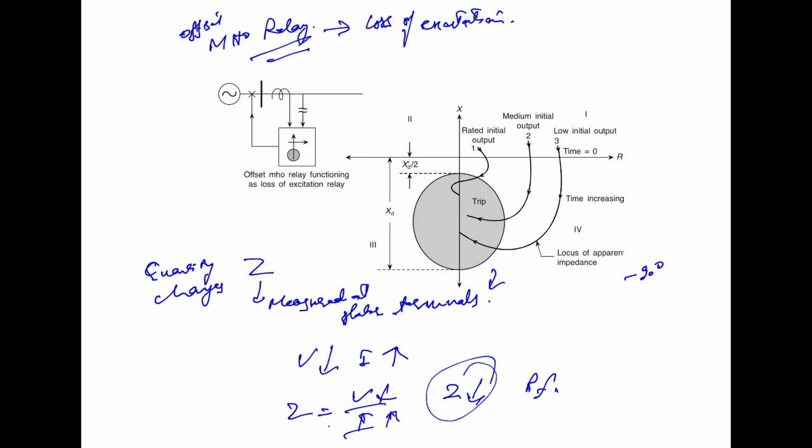In order to give time for the changeover to the standby exciter by the control circuitry, the relay operation can be delayed by about 0.5 to 3 seconds. So this is how the offset Mho relay, which is a distance relay, is used for detecting the loss of excitation.